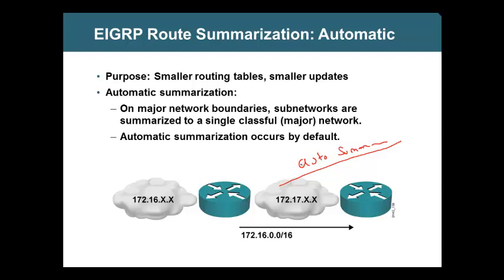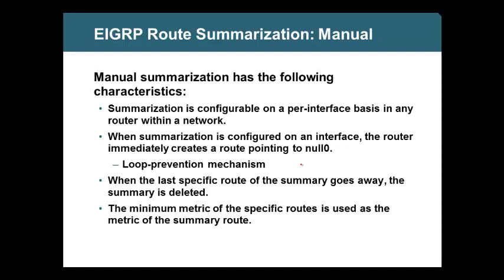Then the subnets are summarized to the classful network. Subnetworks are not classful, they are variable length, they are classless. There is also another one called manual summarization.